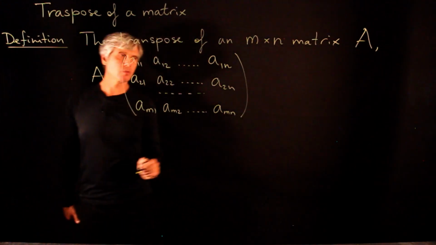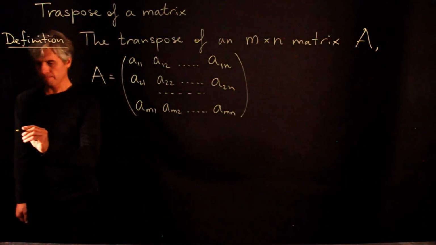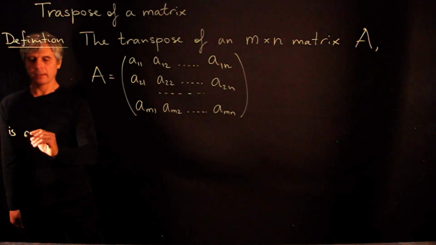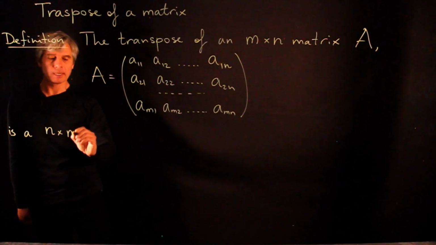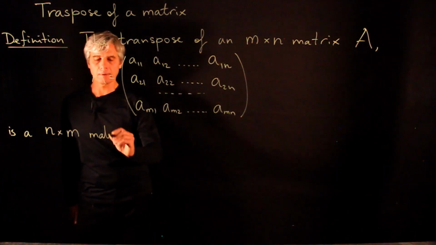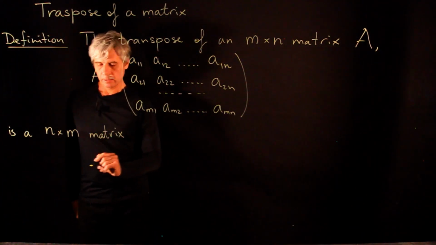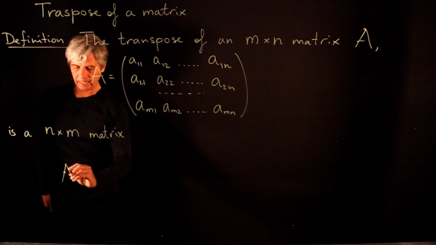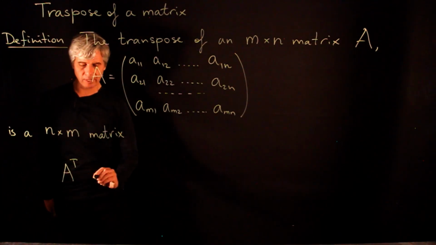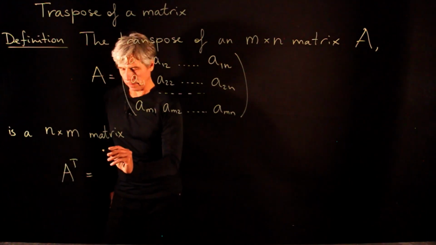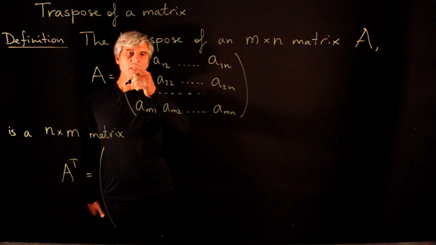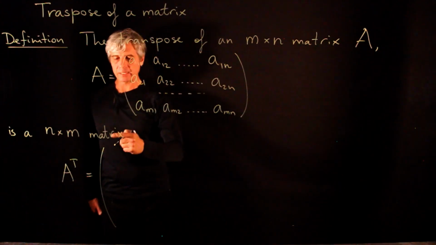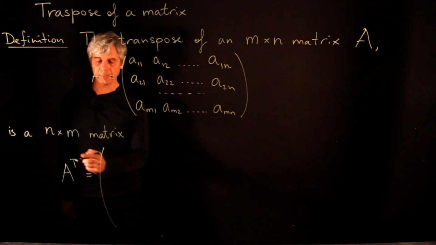So the transpose of this matrix is defined as an N by M matrix denoted A^T, so the transpose of A. And what we do is we write rows of A as columns of the transpose.